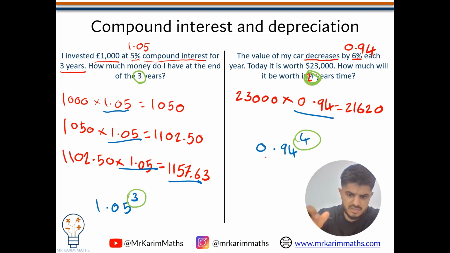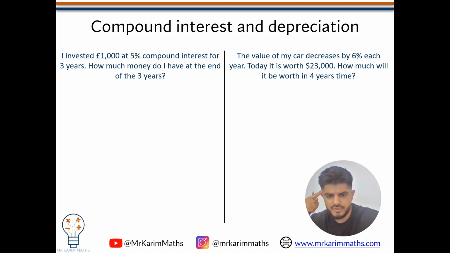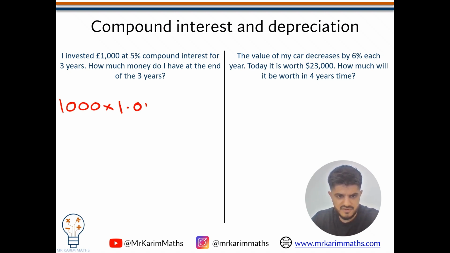So let's reapproach this question with this newly learned information and see how we get on. We said principal, 1,000, multiplied by our increase, or 1.05. And then we said the power was going to be the number of years, so to the power of 3.